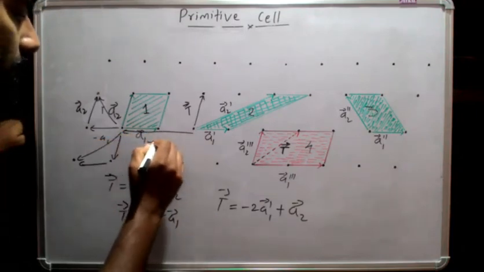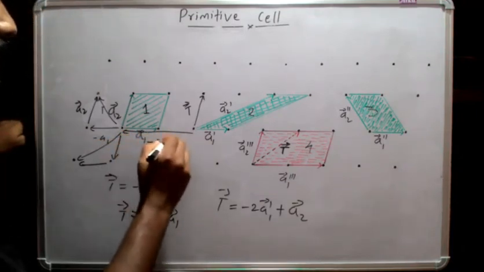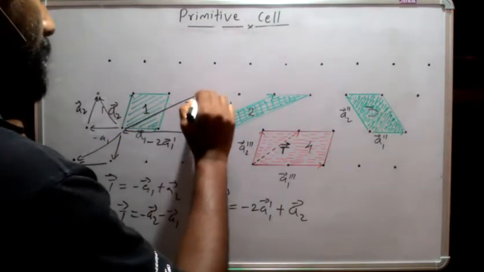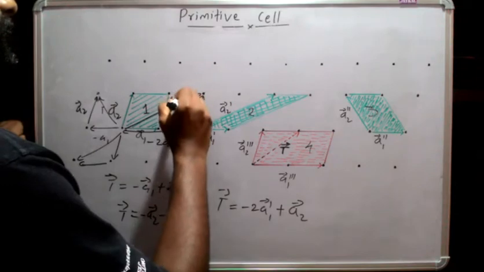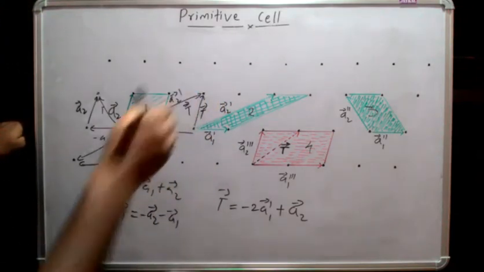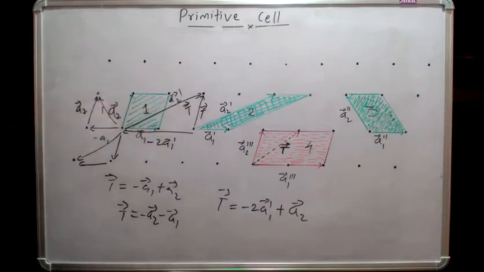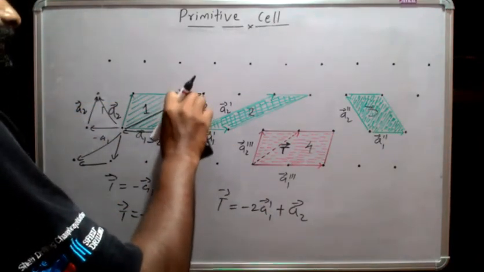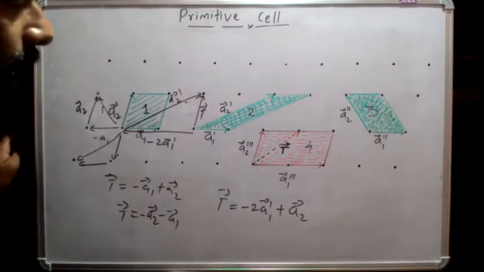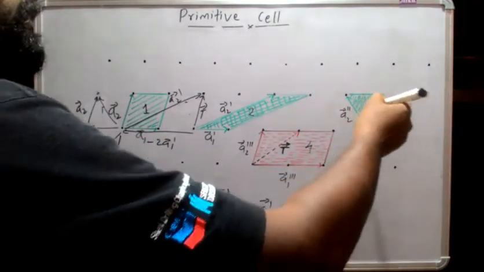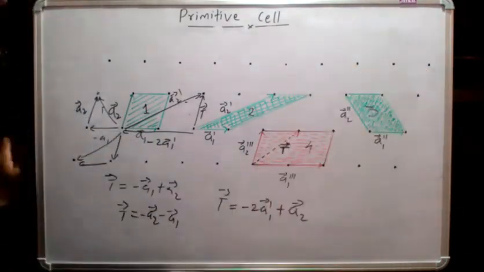Then plus A2 dash will give this translation vector. In that way I can select any point by using these three primitive unit cells as well as these primitive translation vectors.